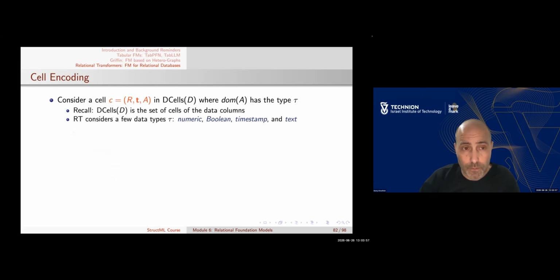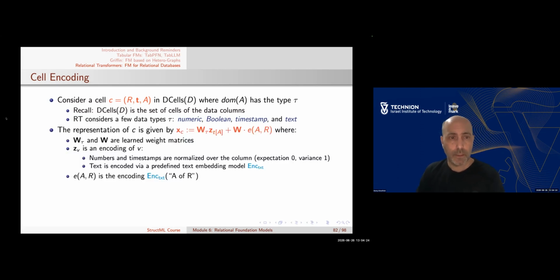Now, I remind you that we use this notation of D cells, data cells, to denote the cells of columns that are considered data columns, not used for keys or foreign keys. RT looks at several data types: numeric, Boolean, timestamp, and text. We start with a basic feature representation of a cell C. What is it?